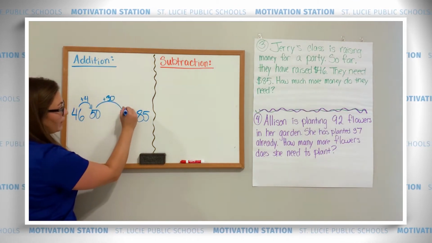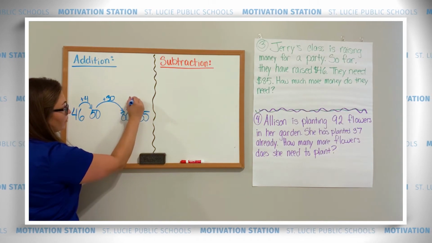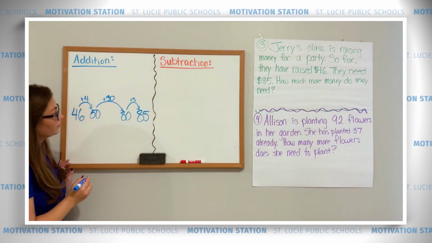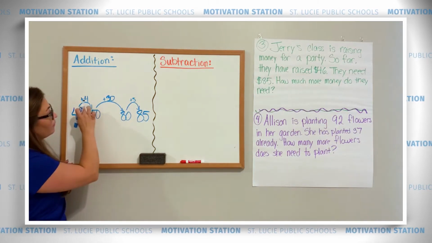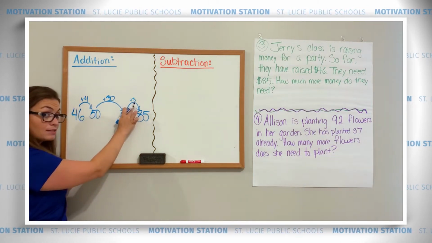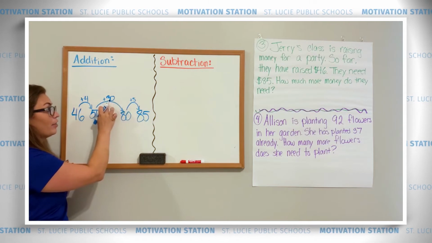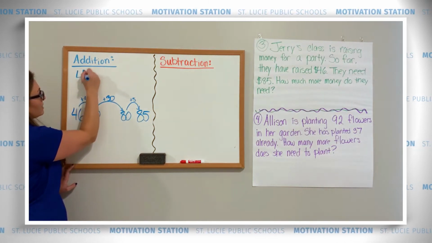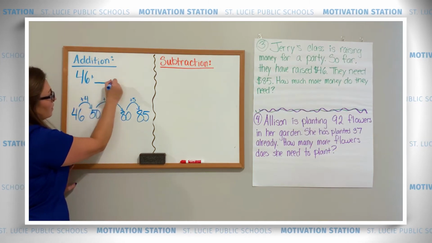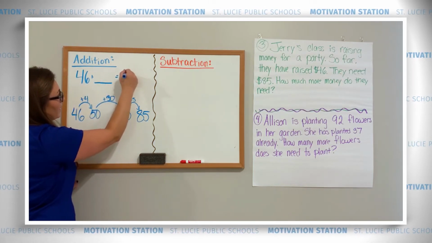Finally, I want to go from 80 to 85, which is plus 5. Now I need to add up these 3 parts. 4 plus 5 is 9. 30 plus 9 is 39. So our equation would be 46 plus our mystery number equals 85.